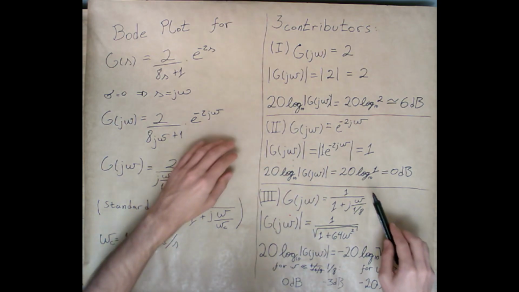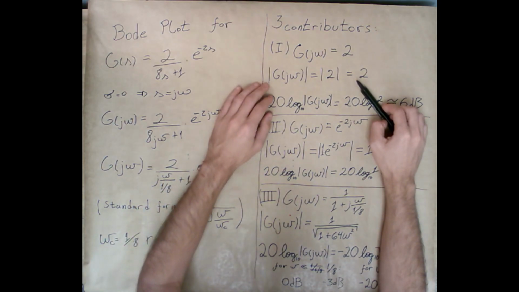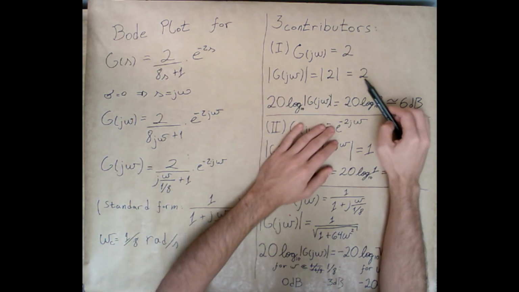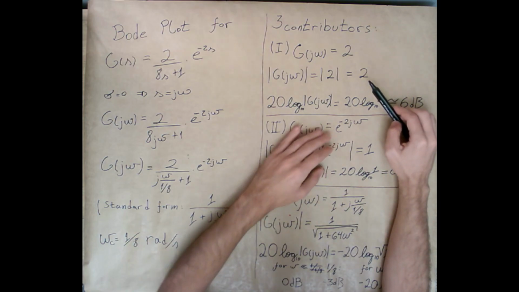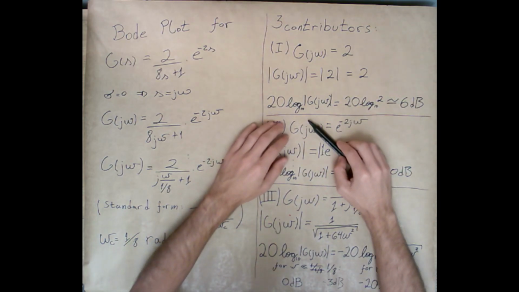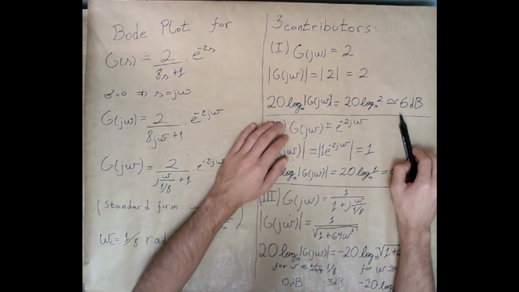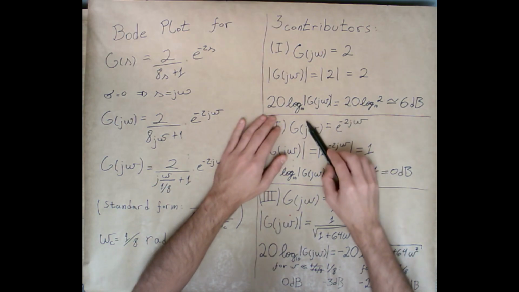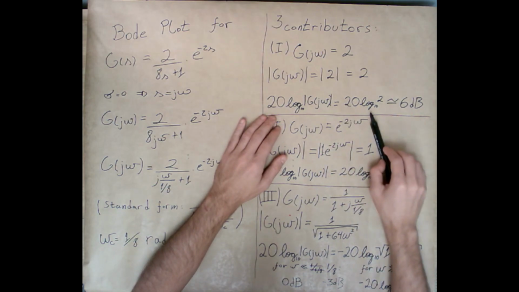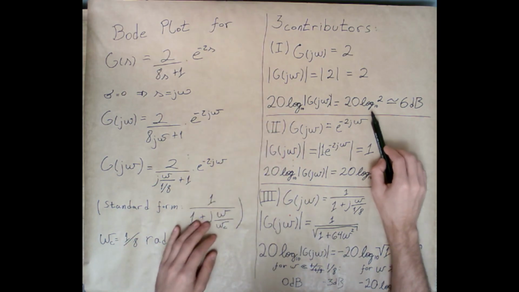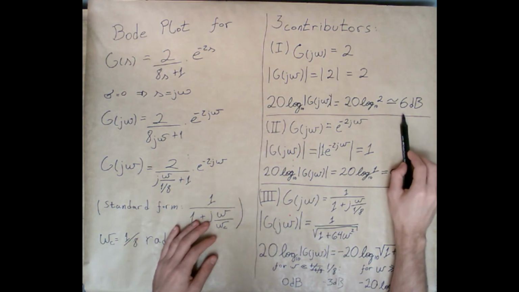For the first term, since it's a scalar, the absolute value of a scalar is the scalar itself. We're gonna take its value in decibels, so the formula for that is 20 log base 10 of 2, which is approximately equal to 6 decibels.